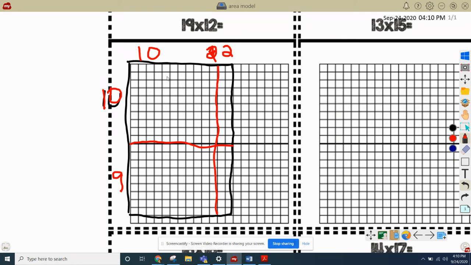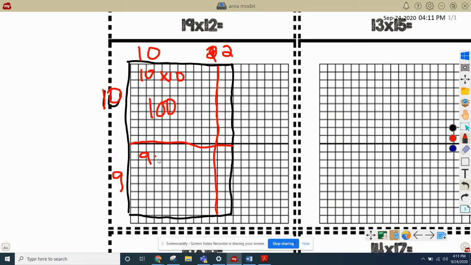Okay, so then let's talk about now, where do we go from here? Well, if this whole thing represents 19 times 12, then each piece represents a part of that problem. So this piece, for example, represents 10 times 10, which is 100. This piece represents 9 times 10 because we have 9 rows and we still have 10 columns.